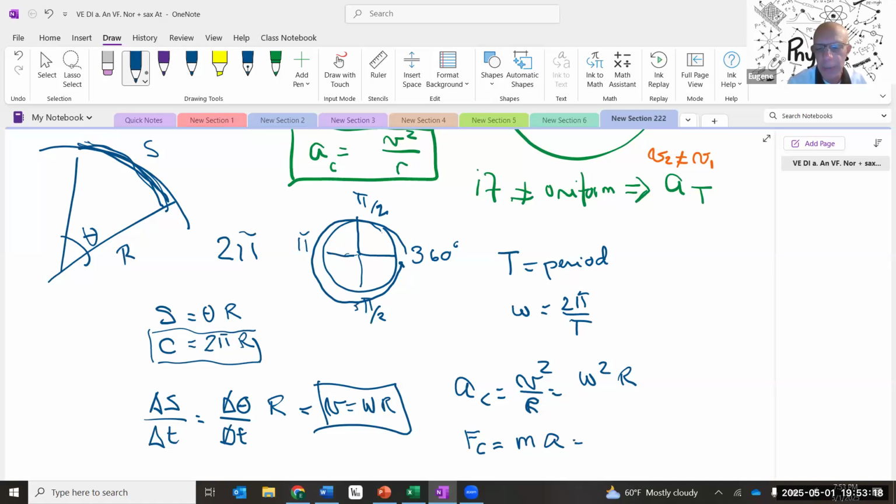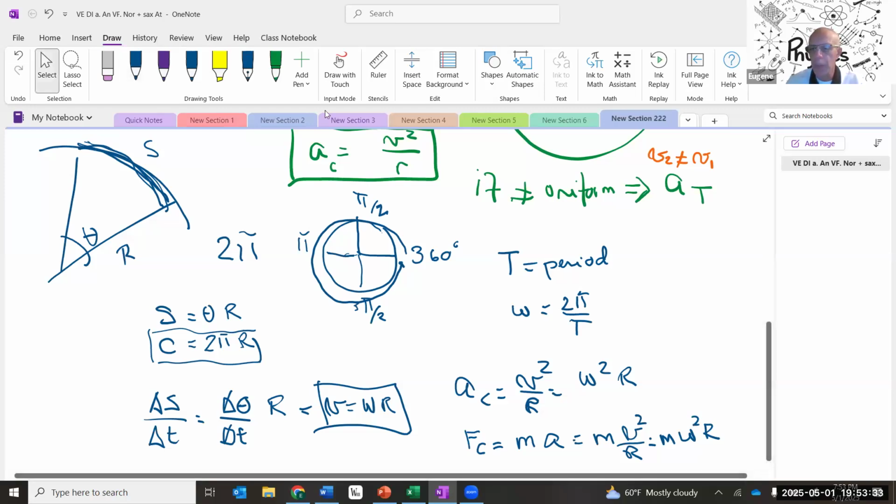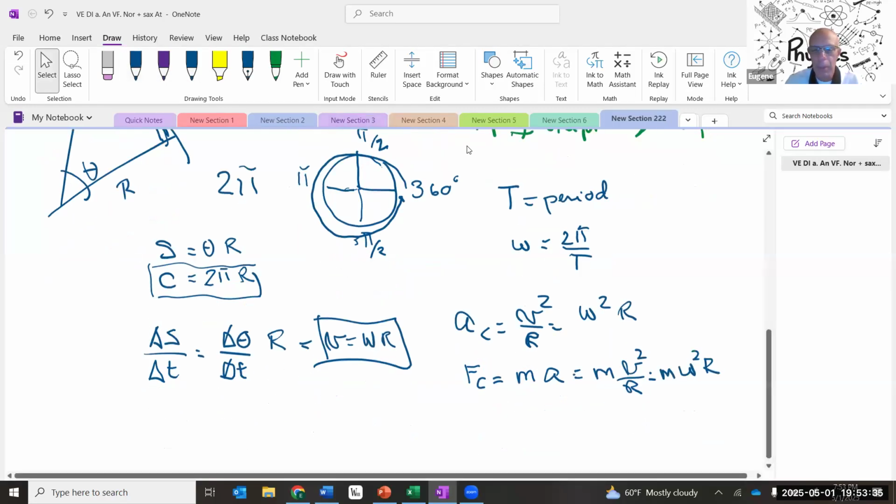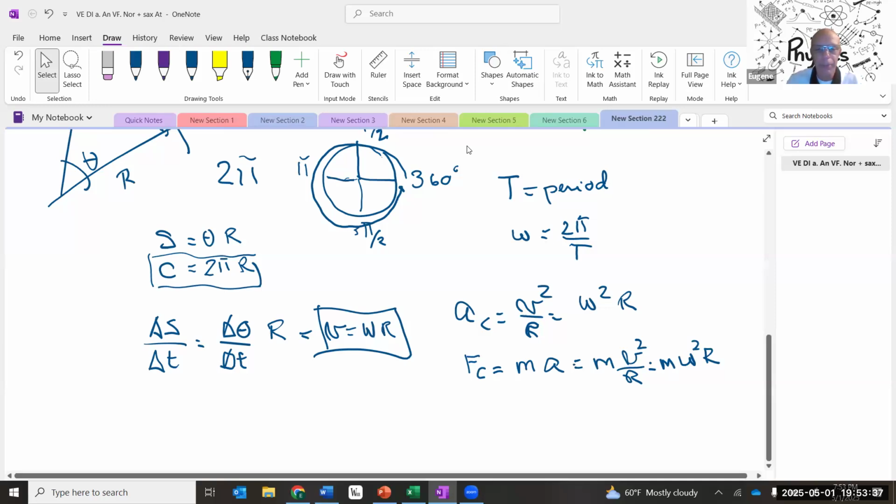If a is the centripetal acceleration, it's going to be equal to m v squared over r, or m omega squared r. Okay, so we have nailed this thing.